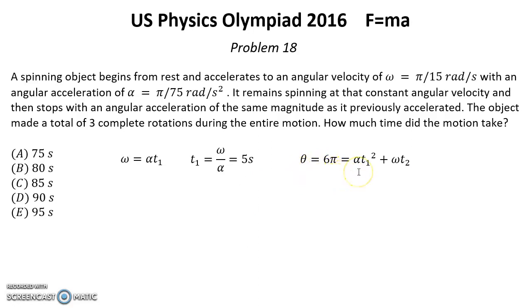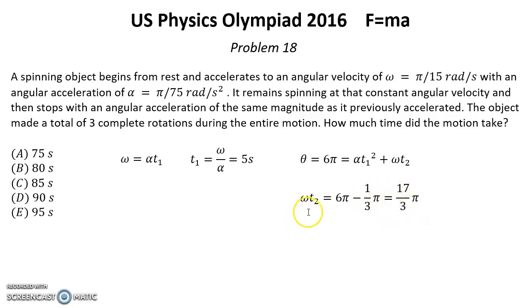That's equal to twice the distance with acceleration, which is alpha t1 squared, plus omega t2, where t2 is the time for constant angular velocity. So from here we can find that omega t2 equals 6 pi minus 1/3 pi, which is 17 over 3 pi.